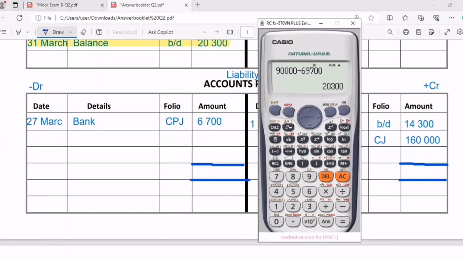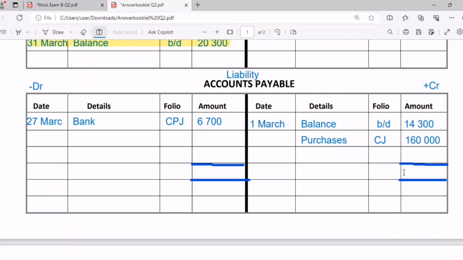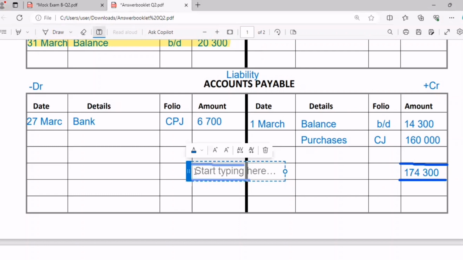On the credit side, we have 14.3 and 160,000. So the total is 174,300. The total you record on both sides, 174,300. And then the balancing figure will be on the debit side.